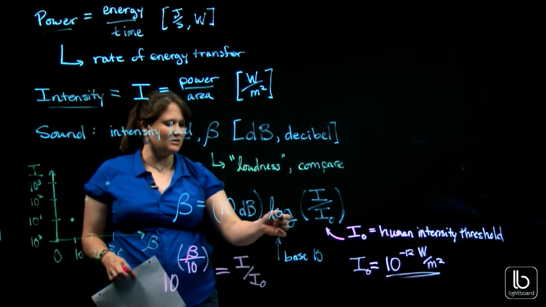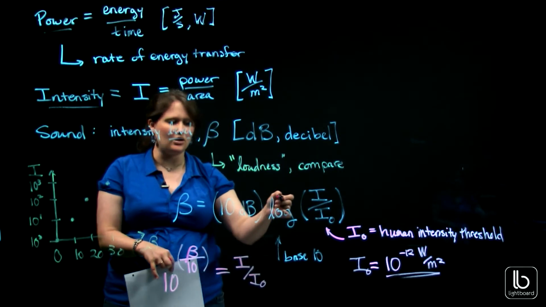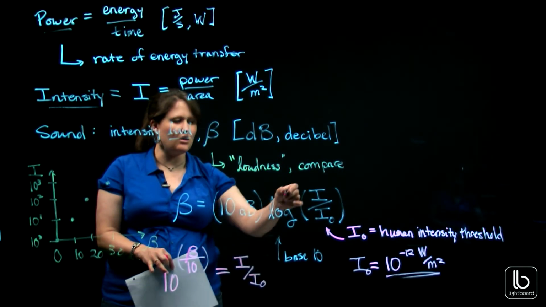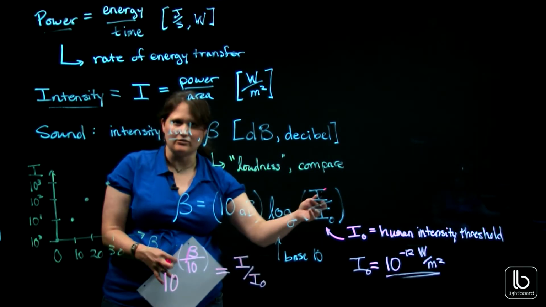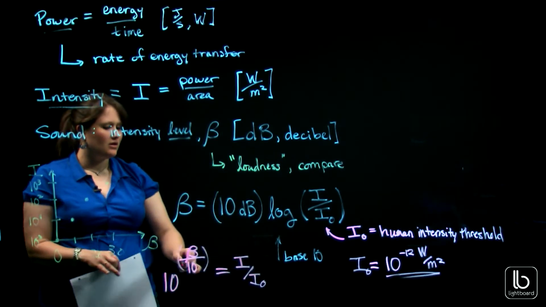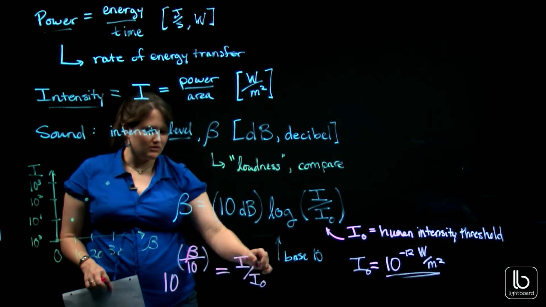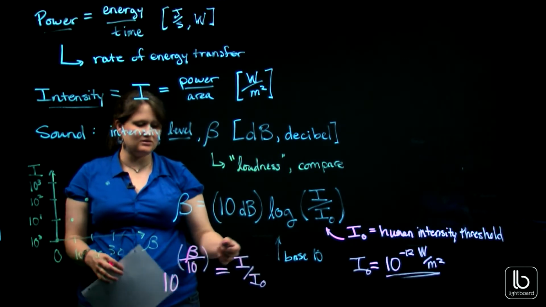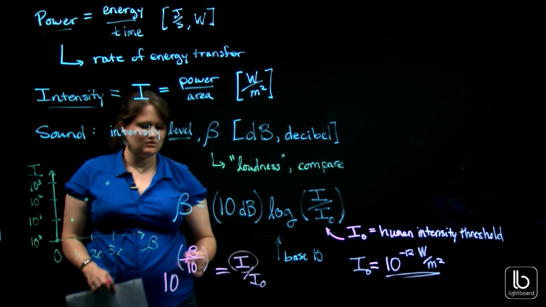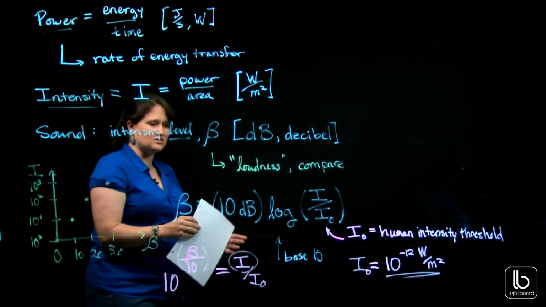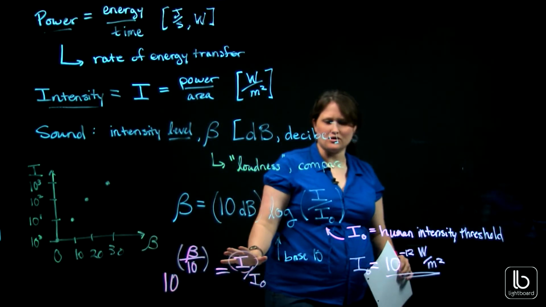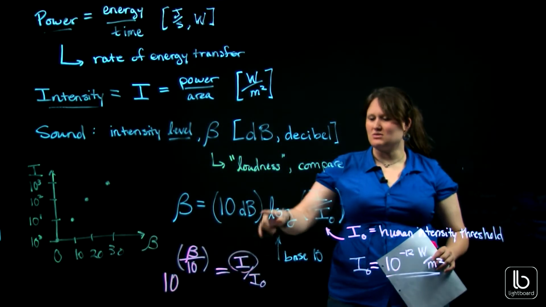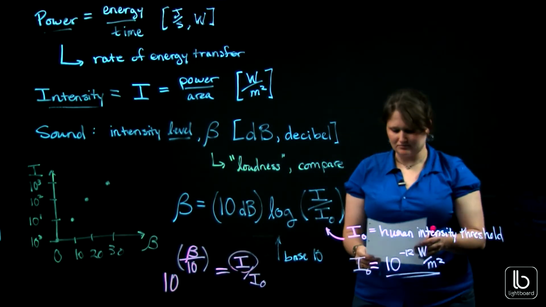Okay, so this is how you undo log, is 10 to the log of whatever is whatever. And then from there you can multiply by 10 to the negative 12 and solve for I. Okay, so this is just a quick algebra refresher, but I do expect you to be able to go back and forth between these two.